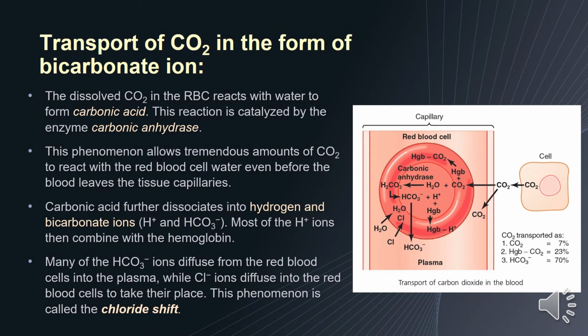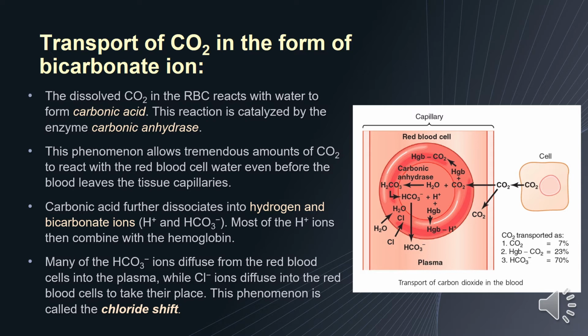The transport of carbon dioxide in the form of bicarbonate ion. Please refer to this figure. The figure will explain this mechanism for you. As we know, metabolism produces carbon dioxide within the cells in the peripheral tissue.